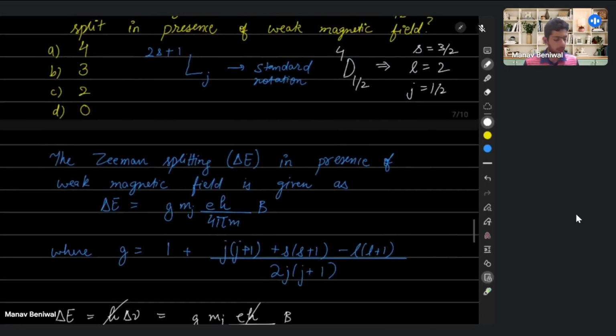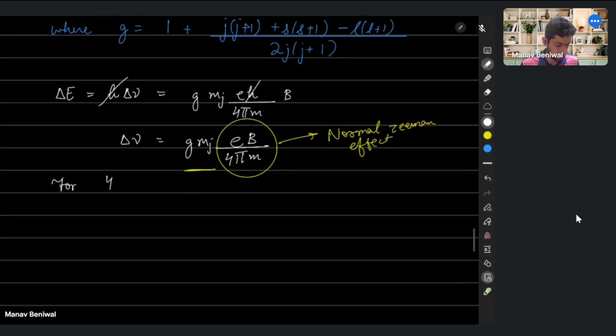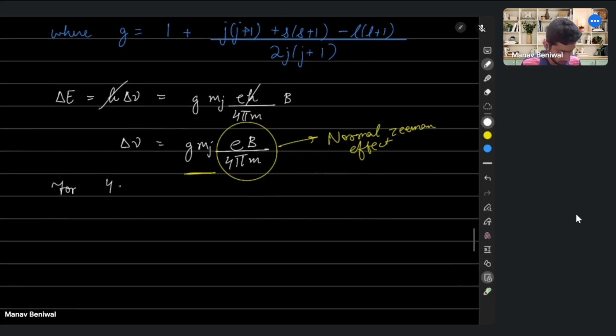What level are we given? We are given 4D 1/2. Let's keep it like this. For 4D 1/2, we know that S is 3 by 2, L is 2, and J is half.